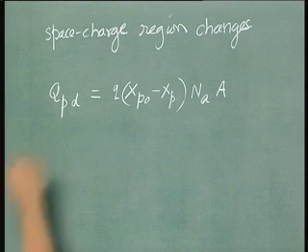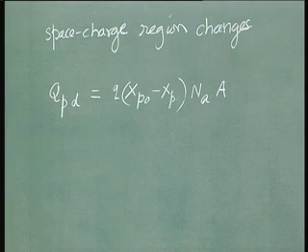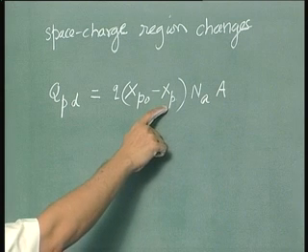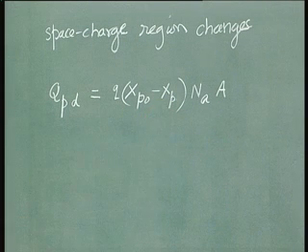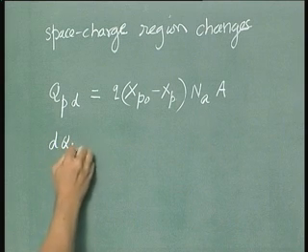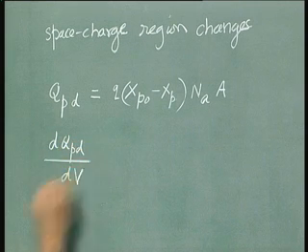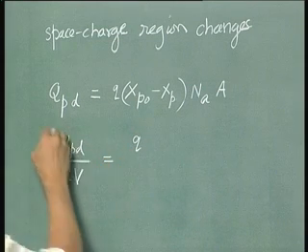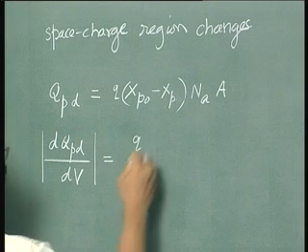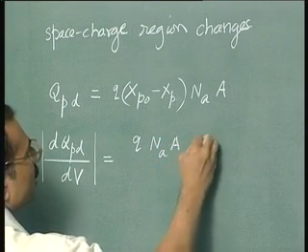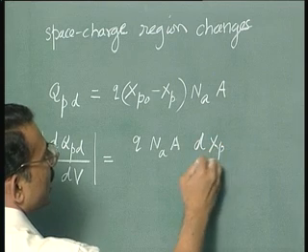Now what one can do is differentiate this with respect to voltage. The voltage dependence comes because of the dependence of Xp, the depletion width on the p side, on the voltage. So you can differentiate dQpd by dV, and we can write this as q times, and we have to take a modulus, q Na into A into dXp by dV.